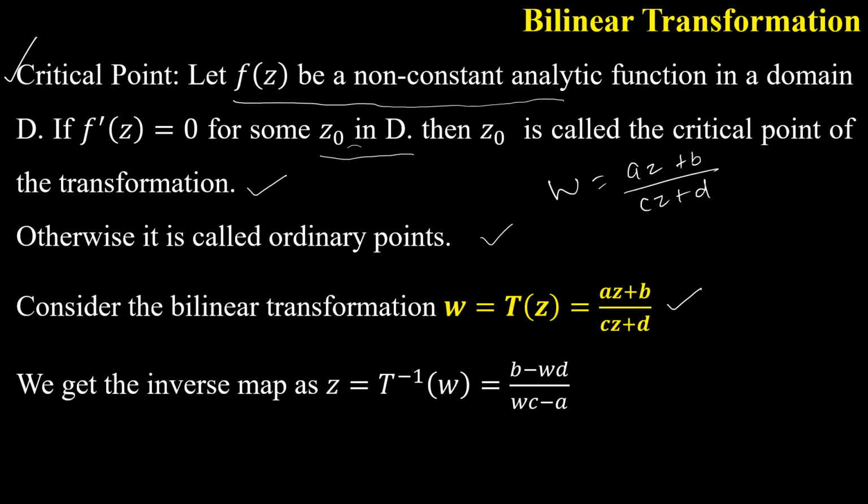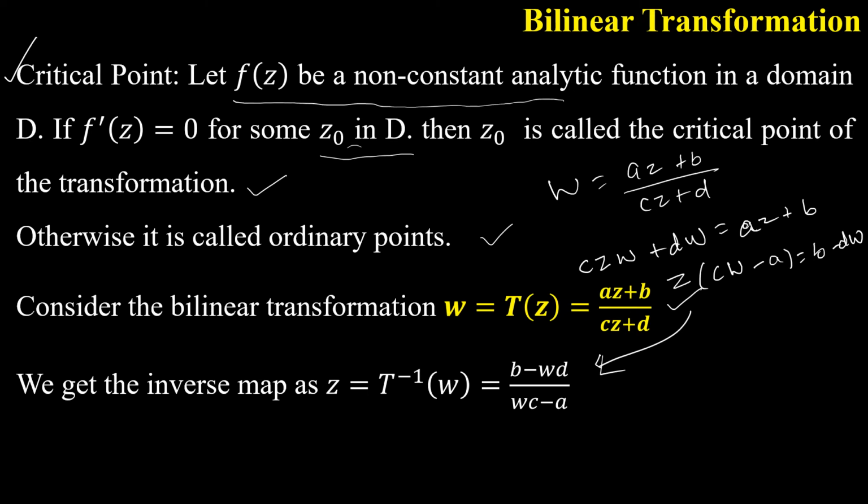Multiplying, you get CZW plus DW equals AZ plus B. Take Z on one side and DW on the other, and by taking Z common you get Z(CW minus A) equals B minus DW. So Z equals (B minus WD) upon (WC minus A). This is the inverse transformation of W equals f(z) or T(z).